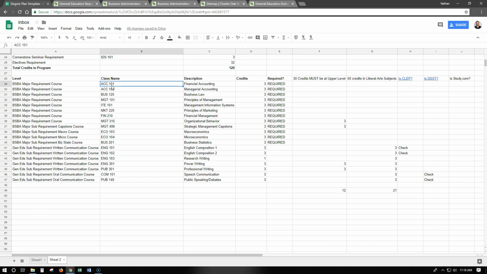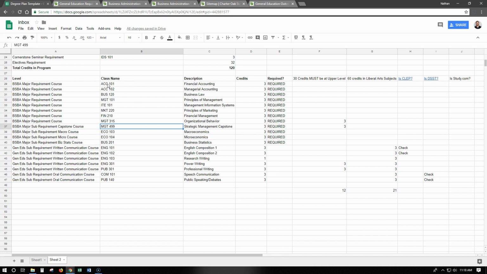So if it says 101, then this first number says it's your first year course, so probably it's a freshman level course. 2 means it's a second year course, so probably a sophomore level course. Junior level course at 315, senior level course at 400, or 499 in this case.